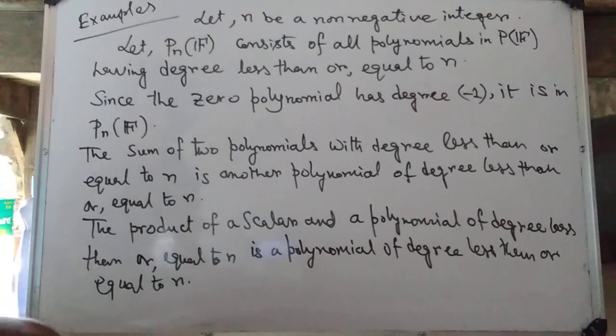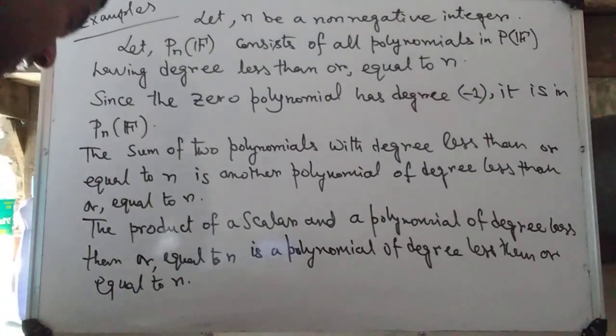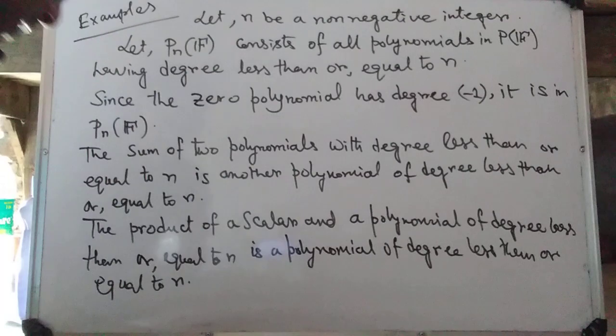So P_n(F) is closed under addition and scalar multiplication.